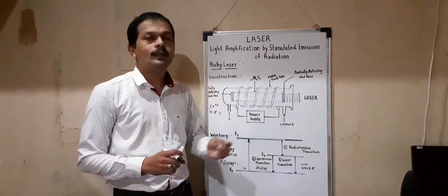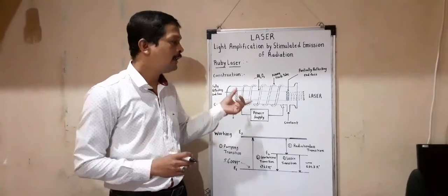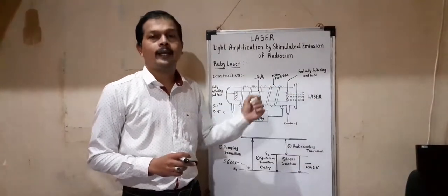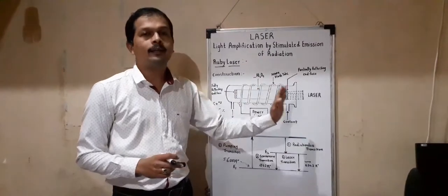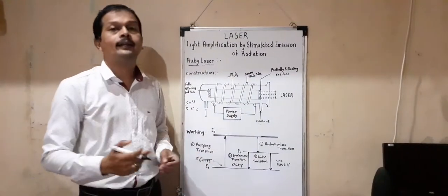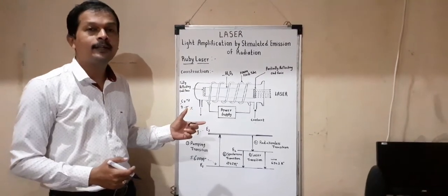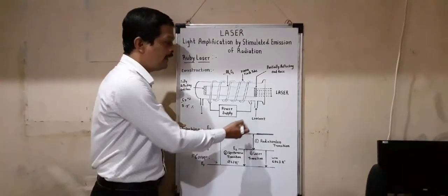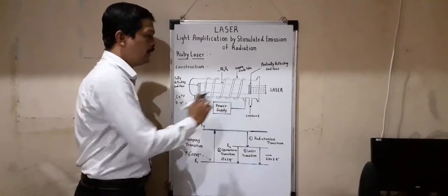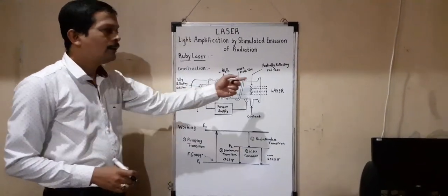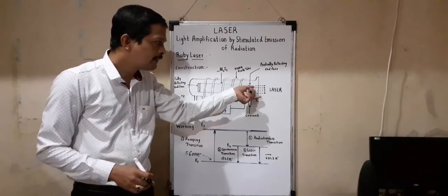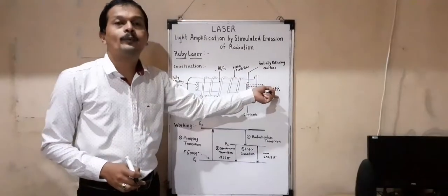Part of the energy is used by chromium for the lasing action and the remaining heats up the apparatus, so to maintain the temperature the ruby laser is immersed in a reservoir containing coolant, that is liquid nitrogen. From the partially reflecting end face, we get the output as a laser.